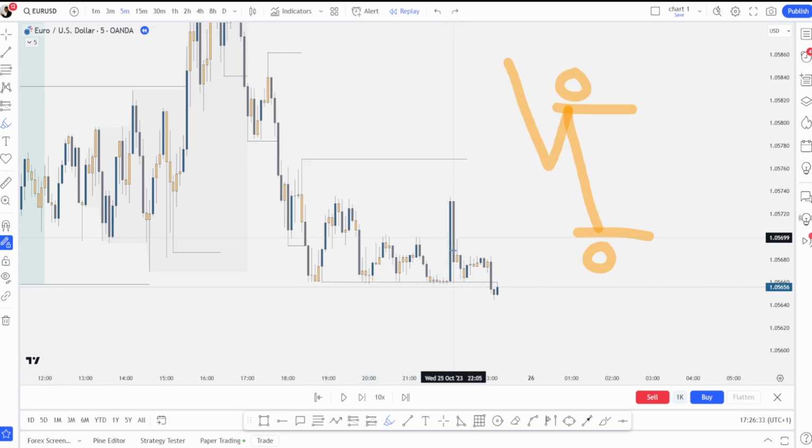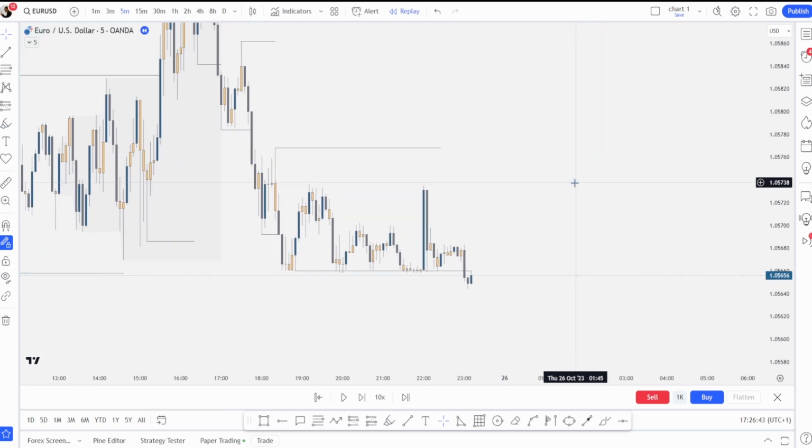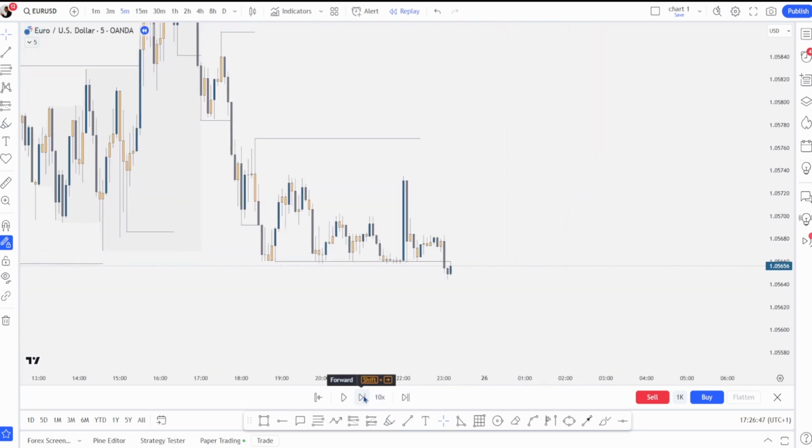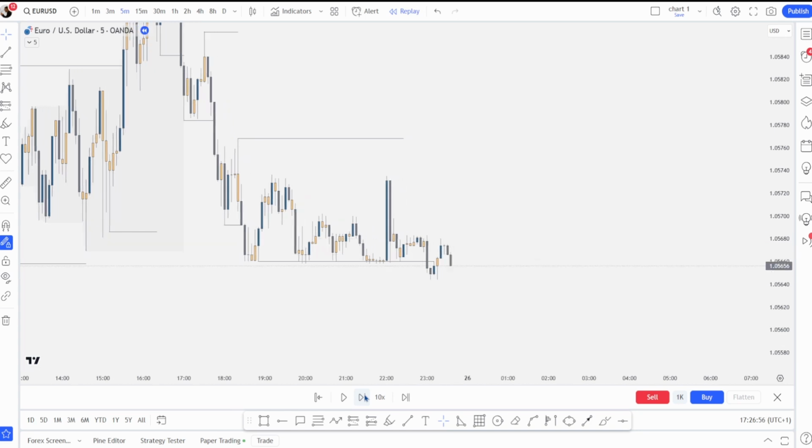And you can see this visually playing out here. Now, this isn't going to be the case every time, but you can see it in many scenarios. When you go back and test this and you become consistent at it, you will see how often this works and how much confidence it will give you when it comes to understanding directional bias within a 5-minute time frame.